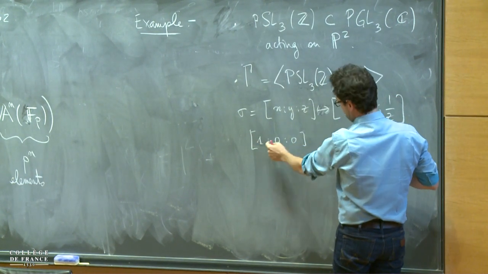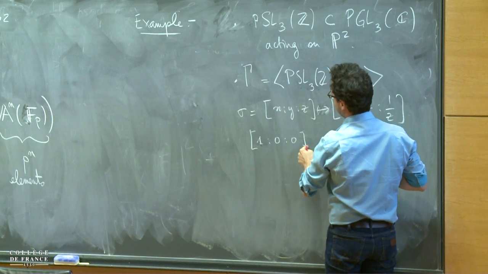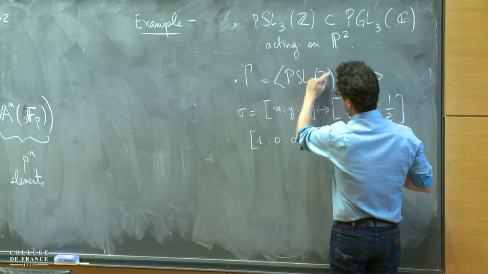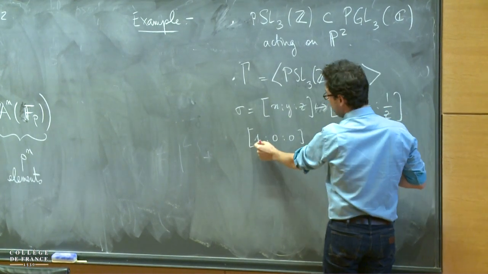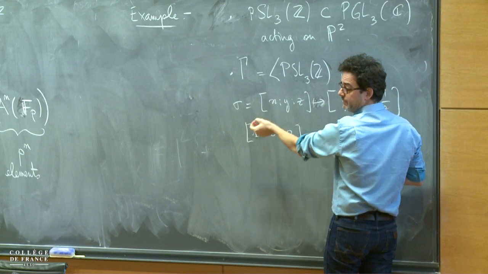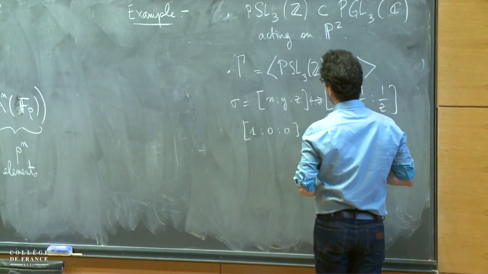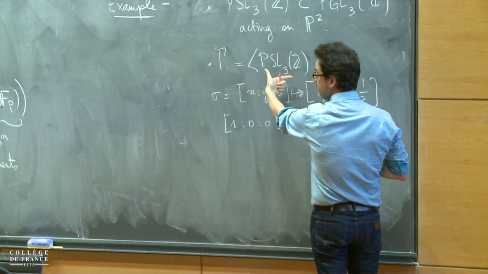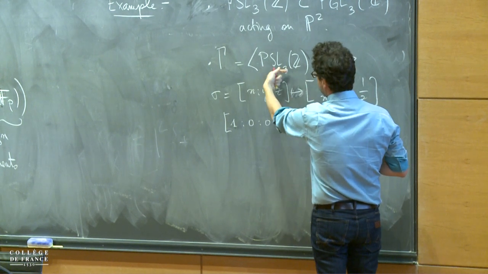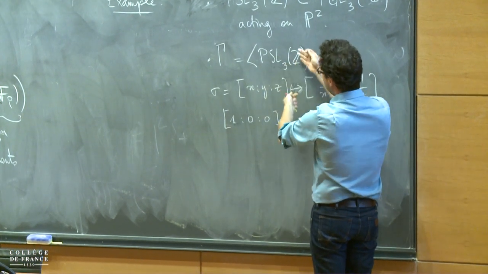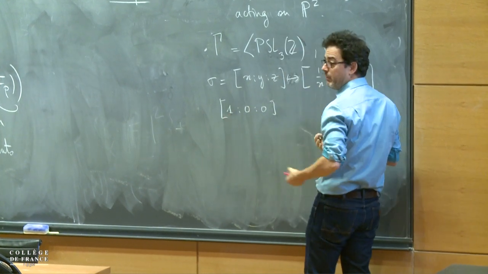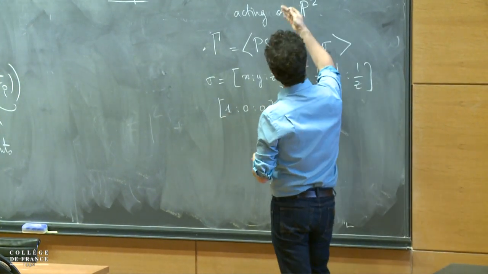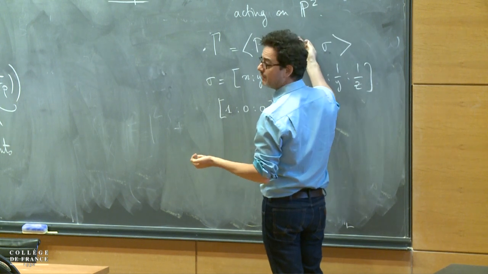But now, since this point is an indeterminacy point for sigma, when you apply PSL3Z and you conjugate sigma by an element in PSL3Z, you can move this point to other indeterminacy points. And if you do the reduction modulo P, PSL3Z surjects onto PSL3 of F_P, and this point is mapped to every point of the set of points with coordinates in F_P on P2.